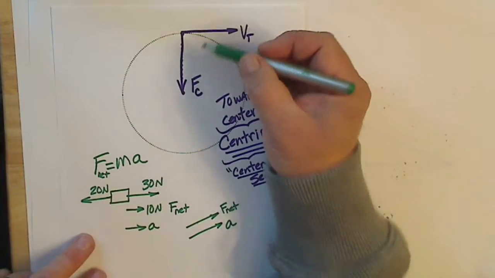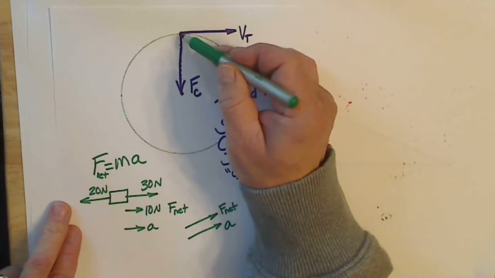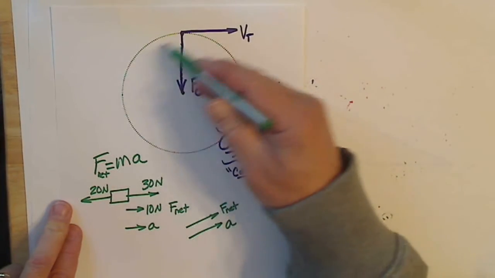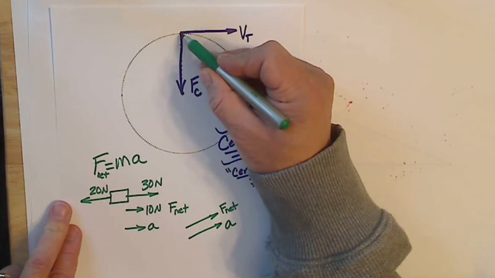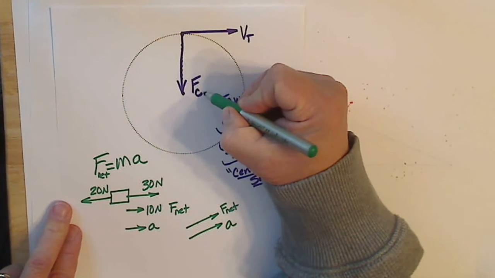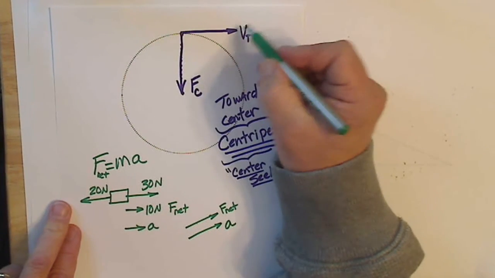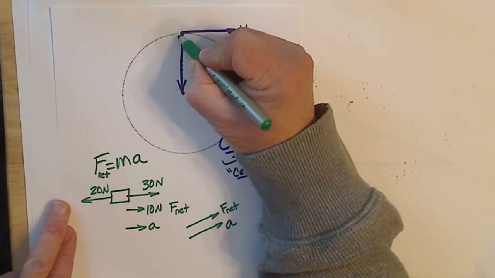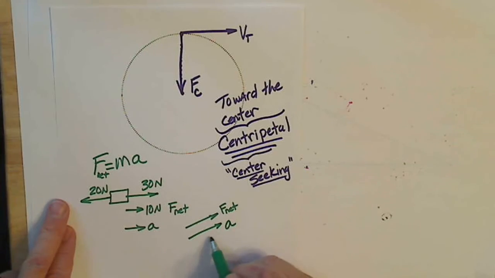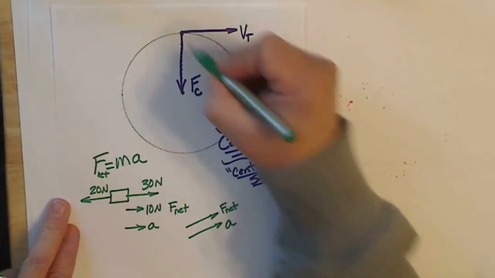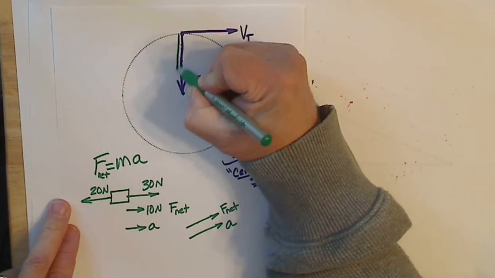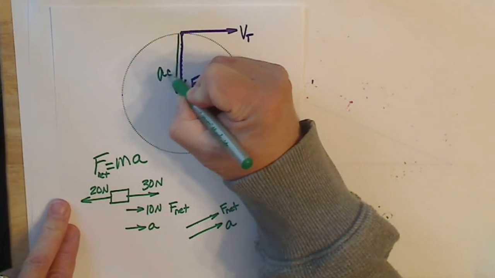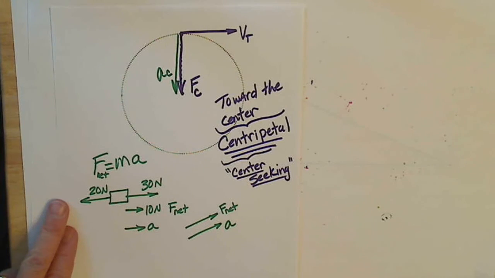So that means if you have this object going around in a circle, and we just said that it's accelerating the whole time, then this net force, or this centripetal force right here, is also causing an acceleration of this object going around in a circle. And it has to point in the same direction. So right alongside this one here, there's also a centripetal acceleration.